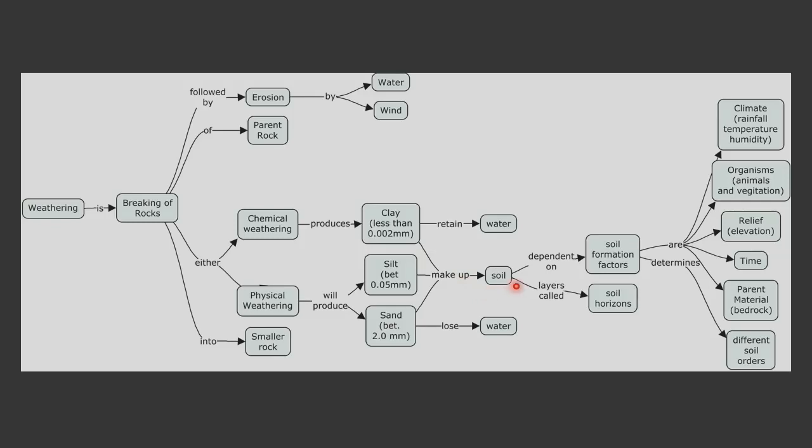So soil is actually very dependent on the soil formation factors. And these soil formation factors are the following. We have time, relief, organism, and climate. These factors will also help us determine the different types of soil orders in the world. Soils, on the other hand, have different layers, and these layers are called soil horizons.